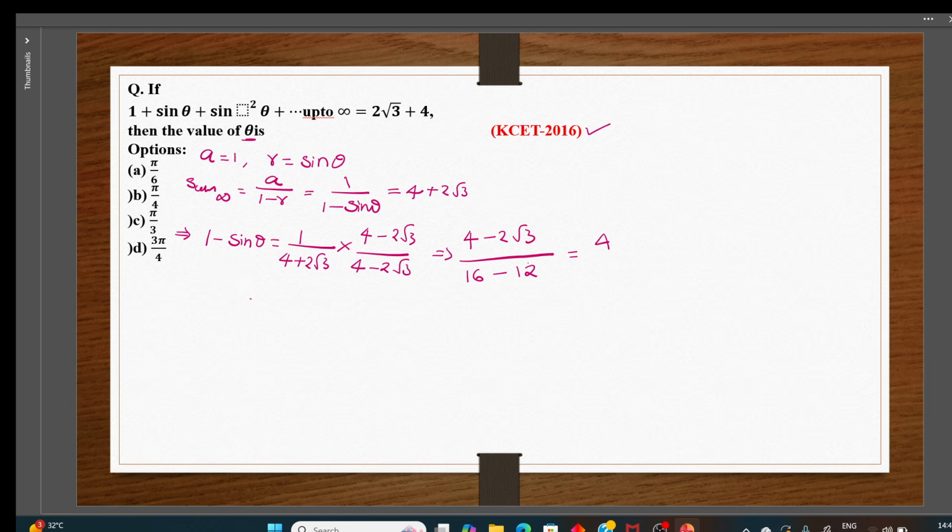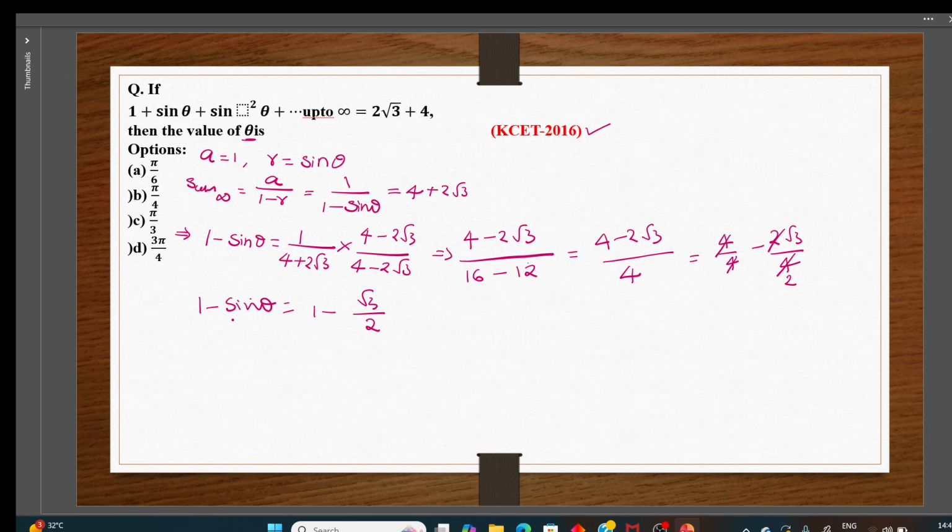So 4 minus 2 root 3 by 16 minus 12, which is 4. So we get 4 by 4 minus 2 root 3 by 4. 4 4 cancel, 2 1 ja, 2 2 ja. So 1 minus sin theta is equal to 1 minus root 3 by 2.